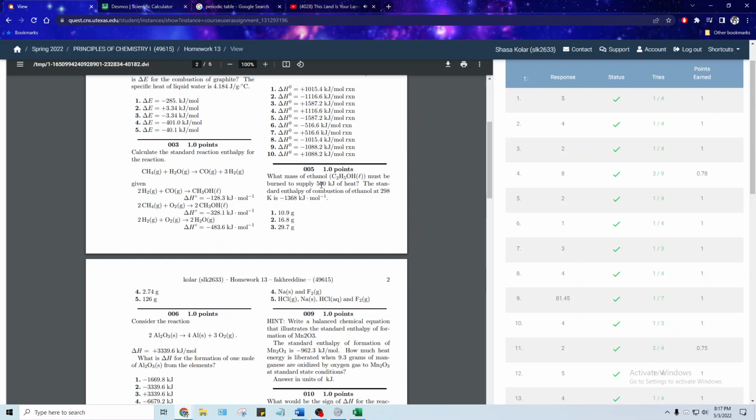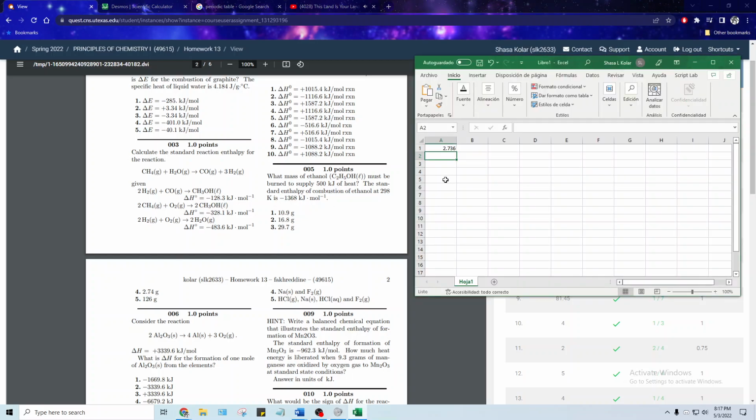How many grams do we need to burn to get 500 kilojoules? So all we're going to do is divide our 46 grams by 2.736. And I didn't put the thing there that makes it actually work. There we go. Anyway, so it's 16.81 grams.